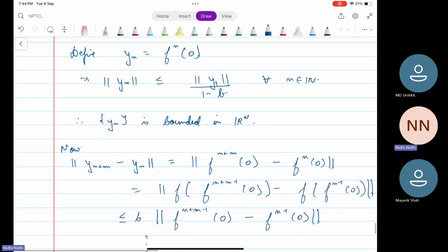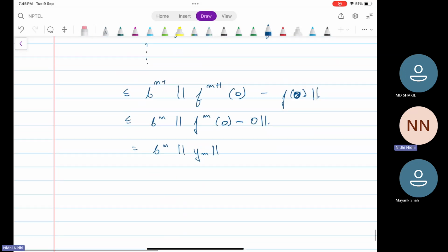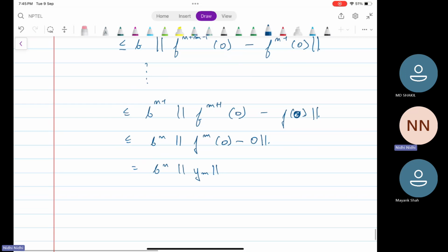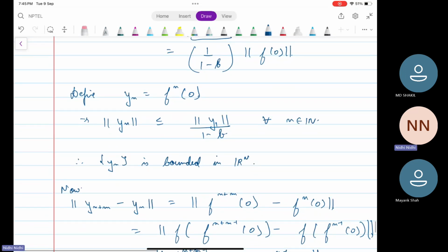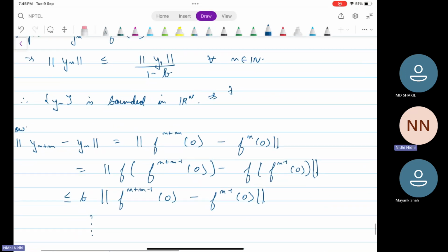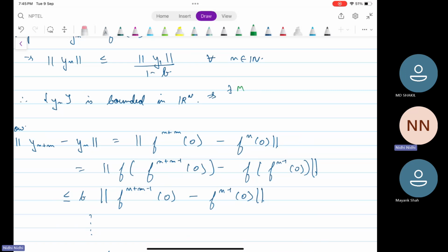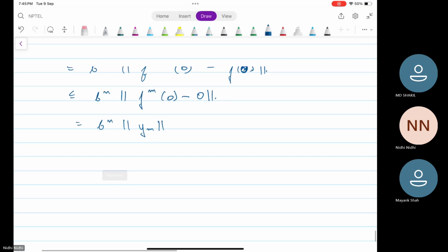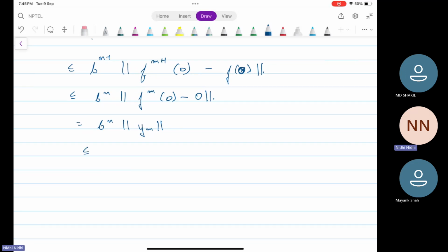Now, since yn is bounded, this implies there exists some M positive such that the norm of yn is less than or equal to M for every n in N. So this is less than or equal to M times b to the power n.